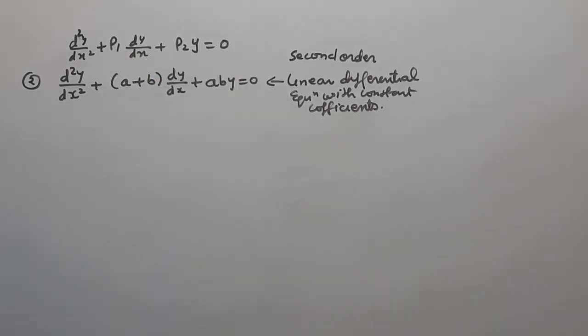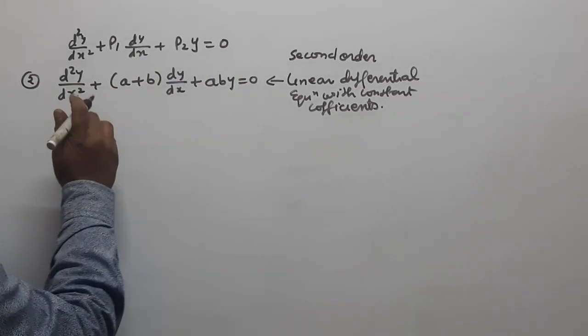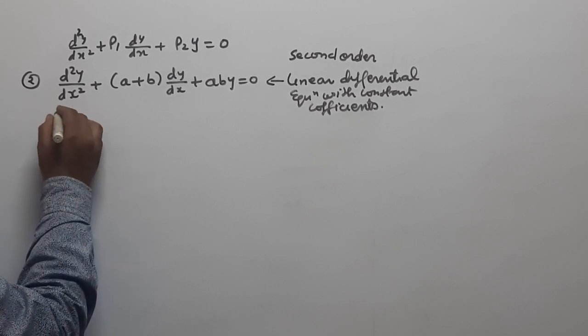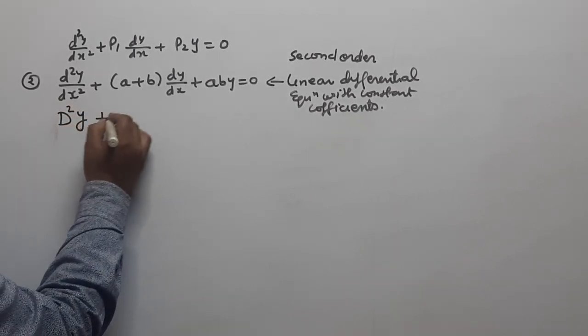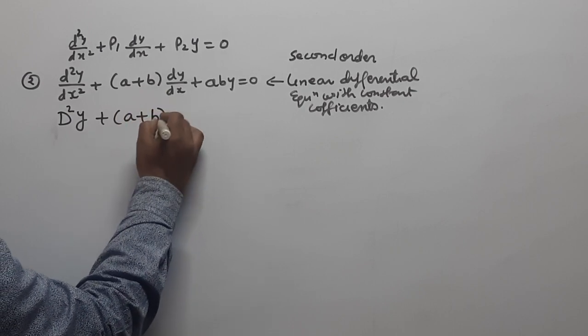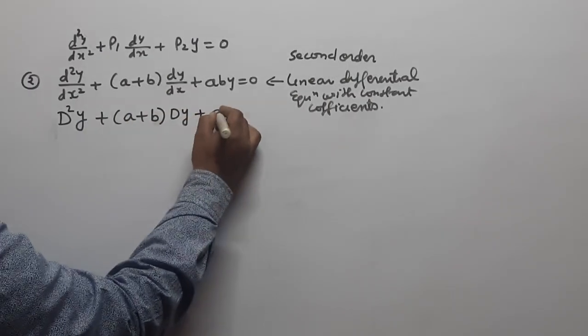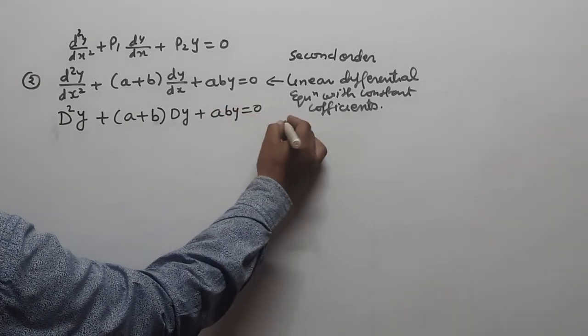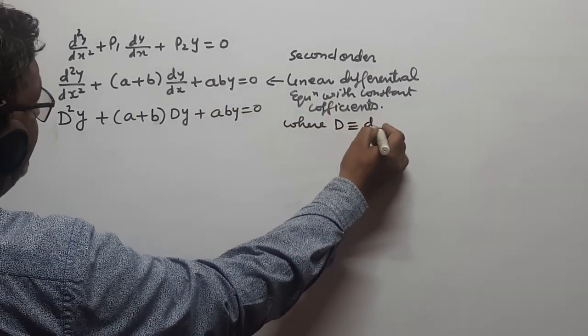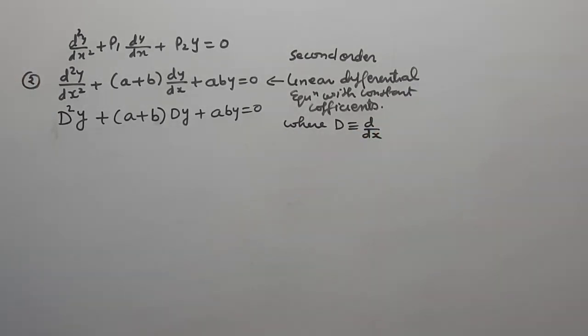So first this equation can be written as capital D2y plus (a plus b) capital Dy plus aby is equal to 0, where capital D is equal to d by dx.